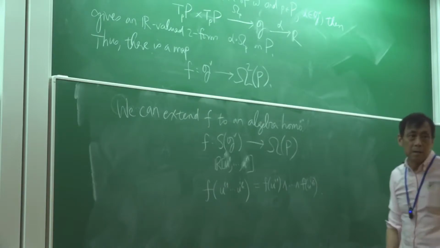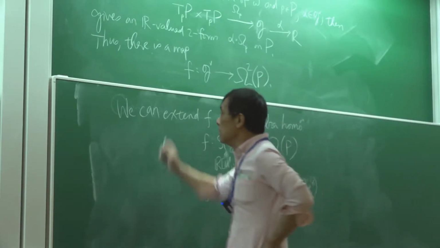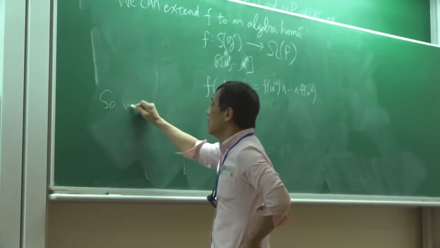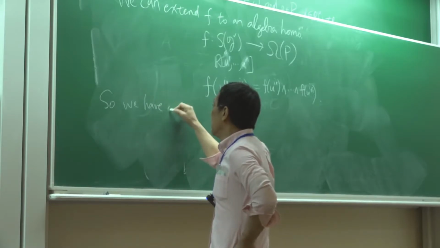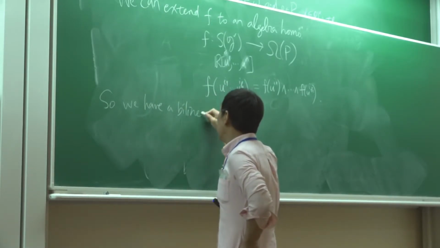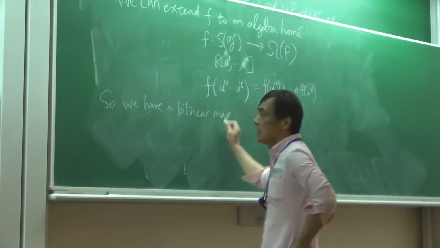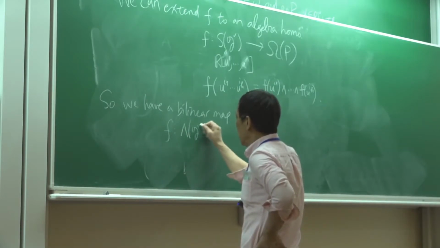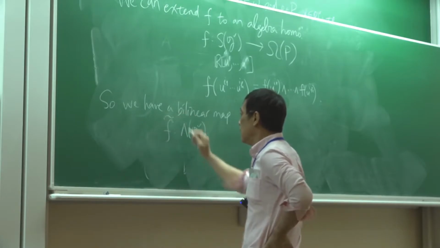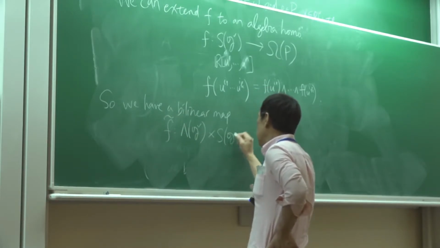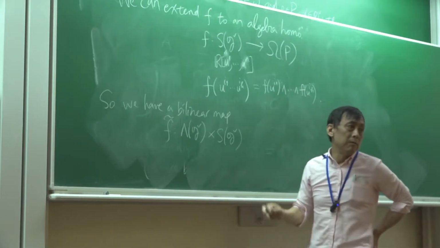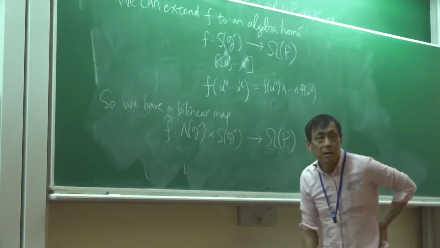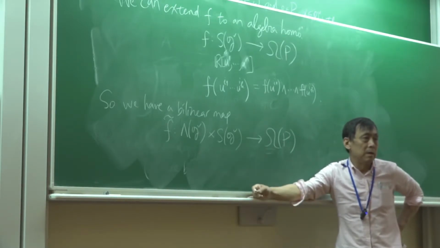And so we have a bilinear map F from the Cartesian product to differential forms.